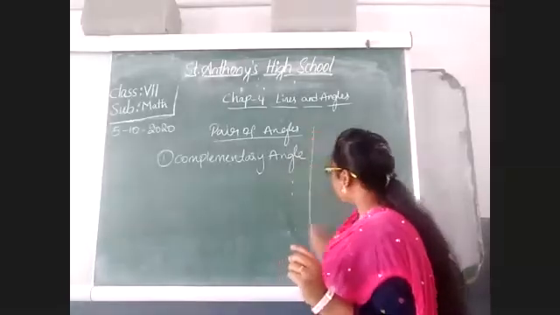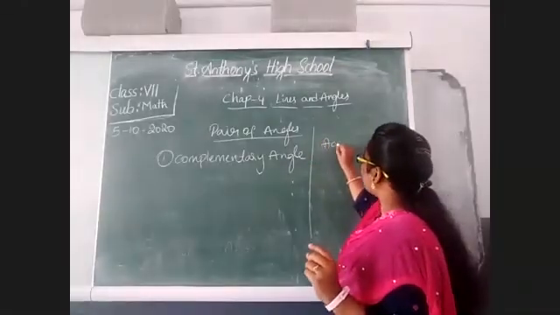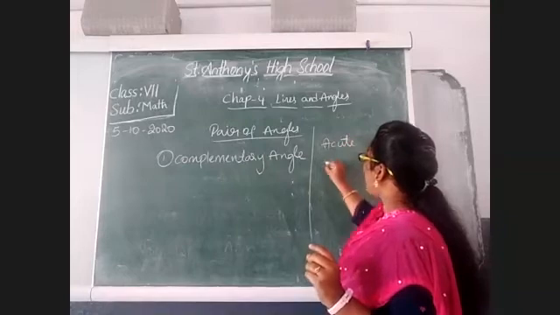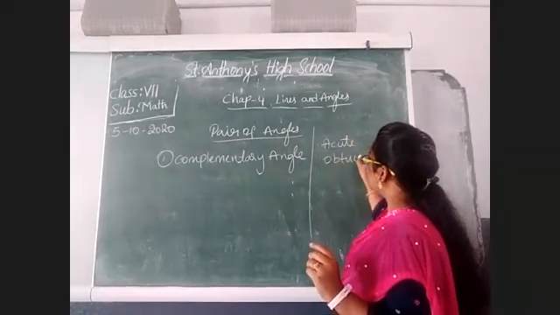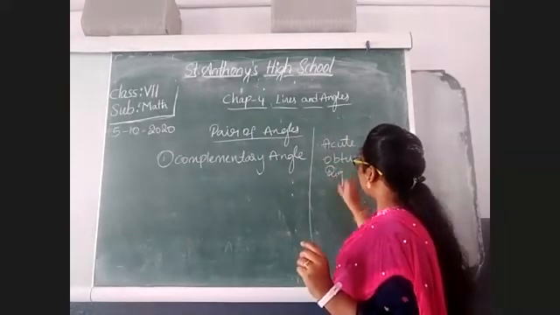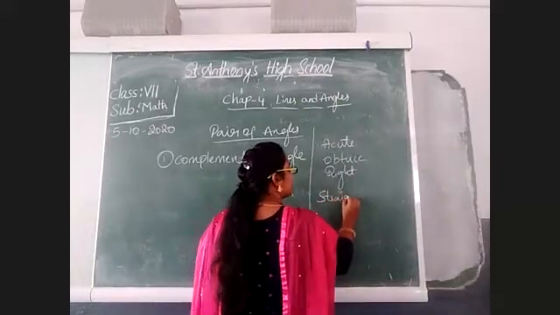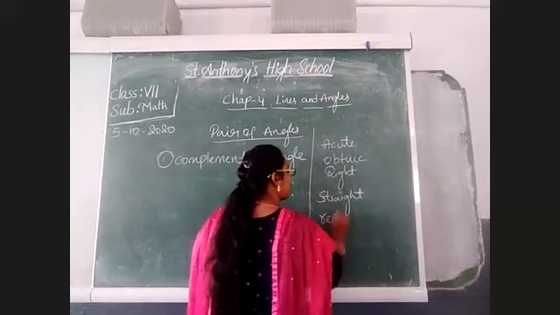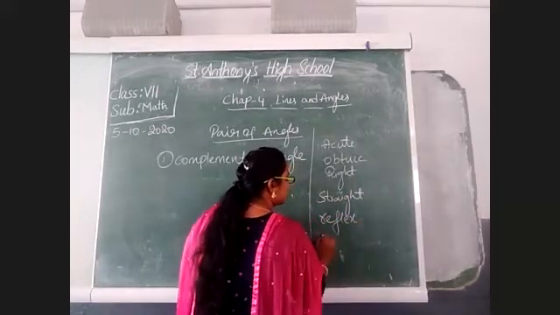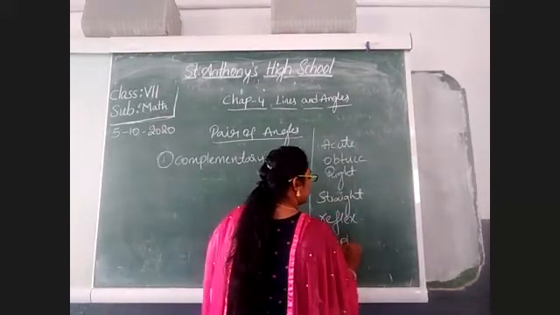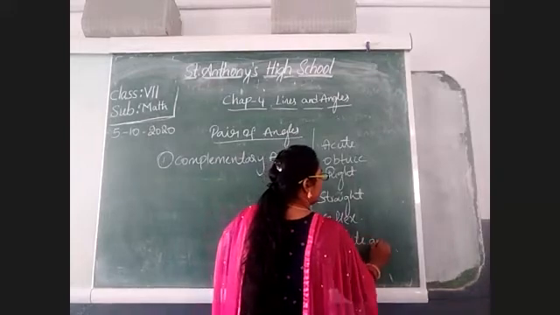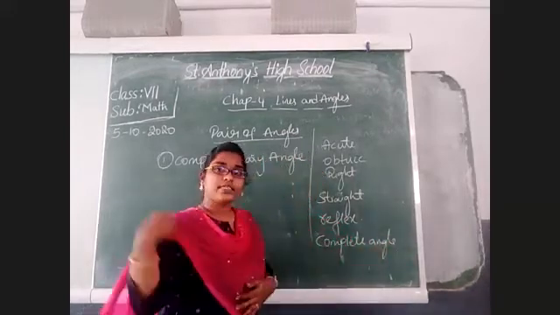Now, let me explain what is meant by complementary angles. Already you learned what is meant by acute, obtuse, right angle, straight angle, reflex angle, and complete angle. You are very clear with this concept.